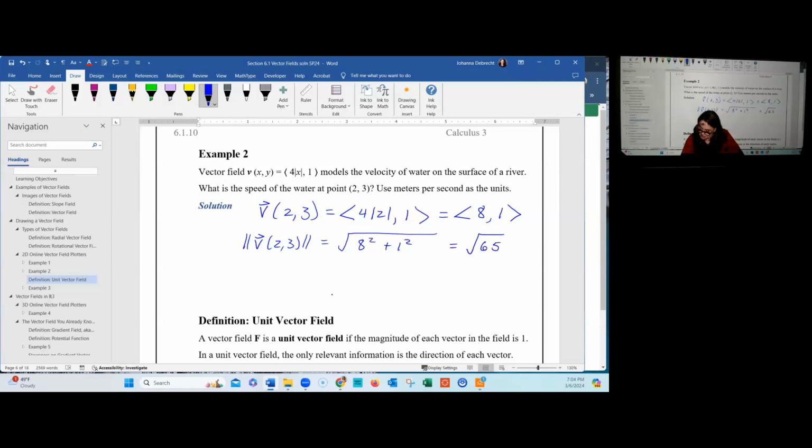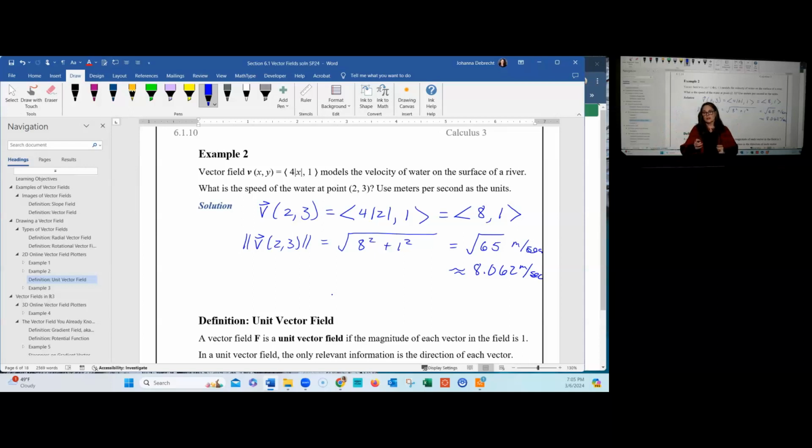This would give us square root of 65 meters per second, which comes out to be about 8.062 meters per second. So again, the vector indicates the direction that the water is moving at that point on the grid, and the magnitude of the vector indicates the speed.